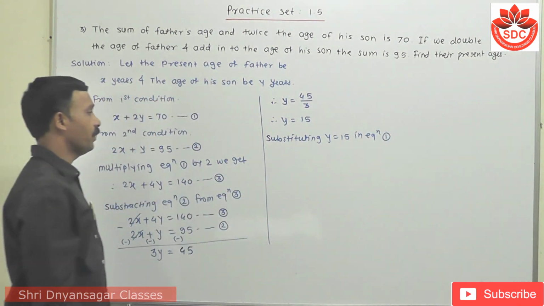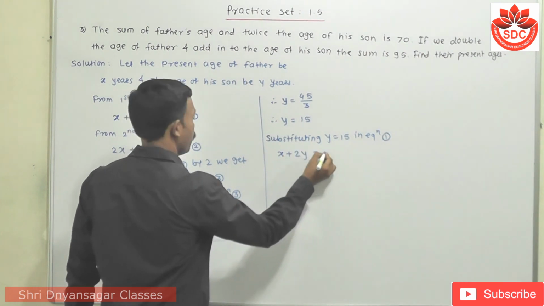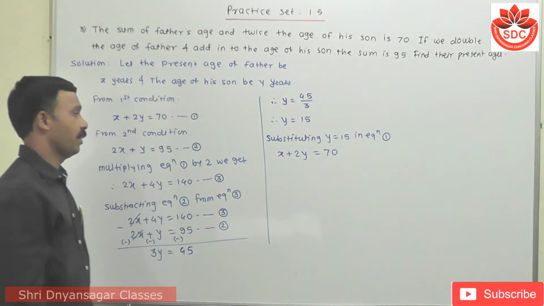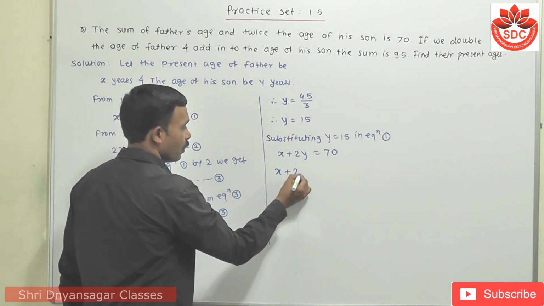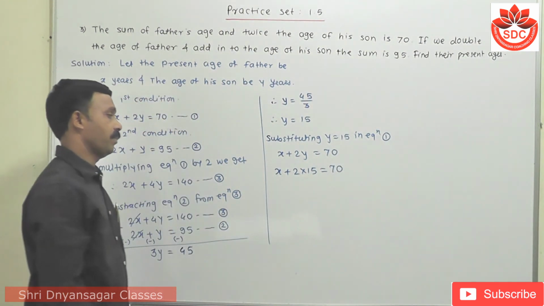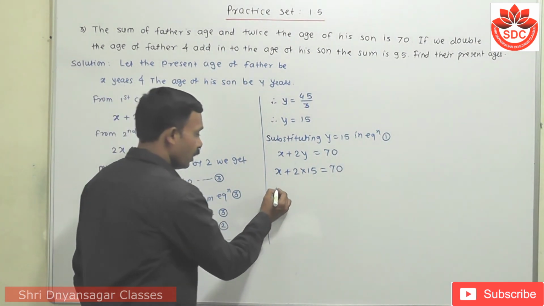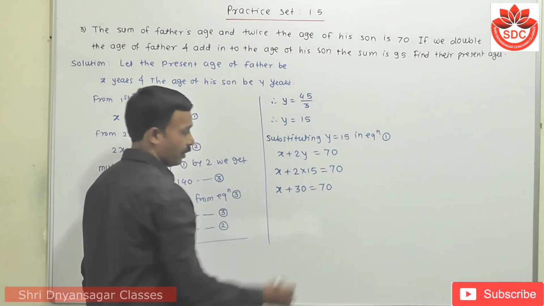Now the equation first is x plus 2y is equal to how much? 70. Now substitute the value of y, 15, here. X plus 2 into 15 is equal to 70. 2 into 15 becomes 30. With that x plus 30 is equal to 70.